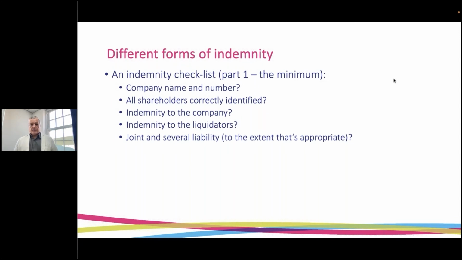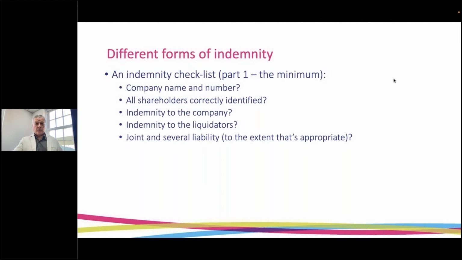A couple of checklists here for you. For the indemnities that you use, it's terribly easy because so many indemnities are drafted on the Blue Peter principle. You pull out the last one that you did on the last MVL you dealt with, and you change the company name and number and the names of the shareholders, and you get them to sign that.